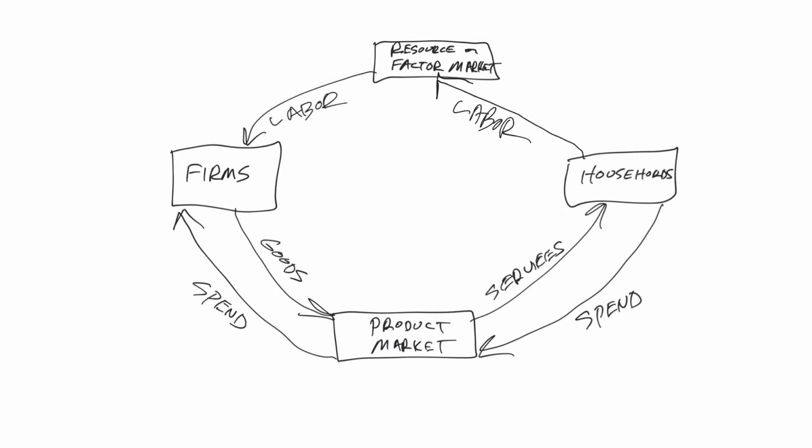Another way of saying that, you go to work, okay? And what do you get in return? The firms who buy your labor services pay you, right? And you receive income for your work. So there you go again. You've probably engaged in that, where you went to work and you got a paycheck.